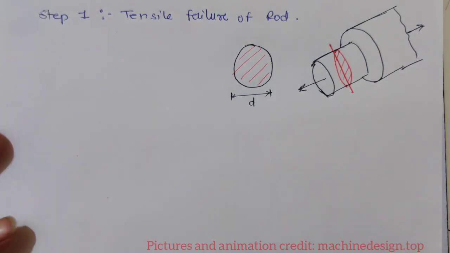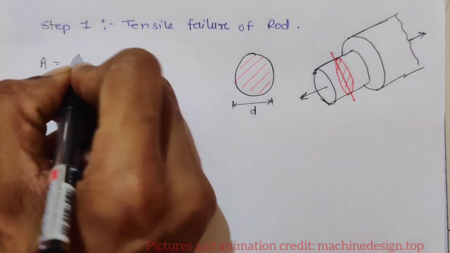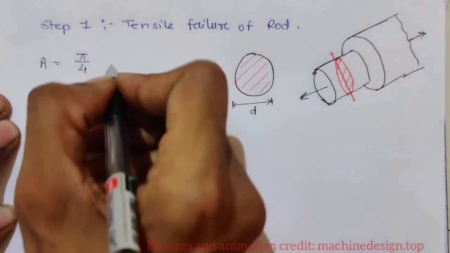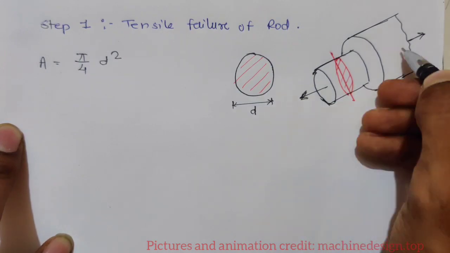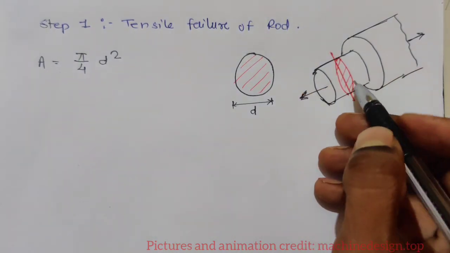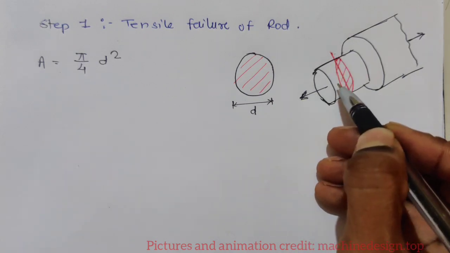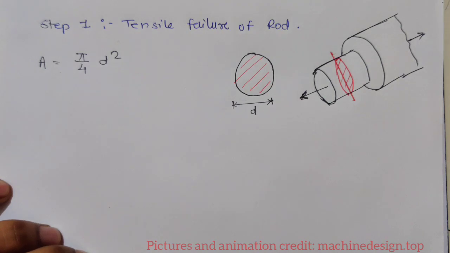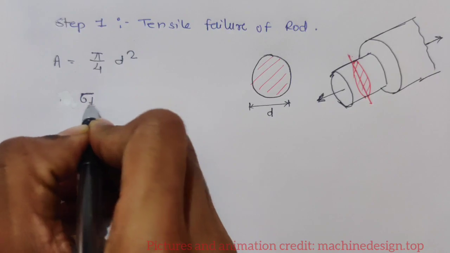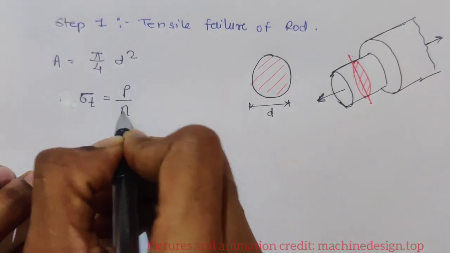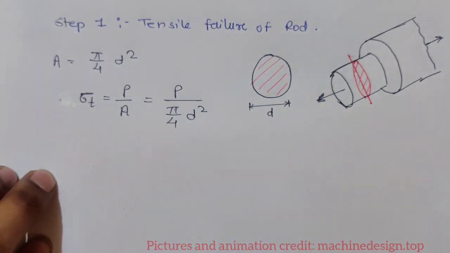Now what is the failure area A? Pi by 4 d square. Now we know the force acting is tension, or you can just consider that the failure area has a perpendicular force, and perpendicular force is always tension. So sigma T is equal to P upon area is equal to P upon pi by 4 d square.